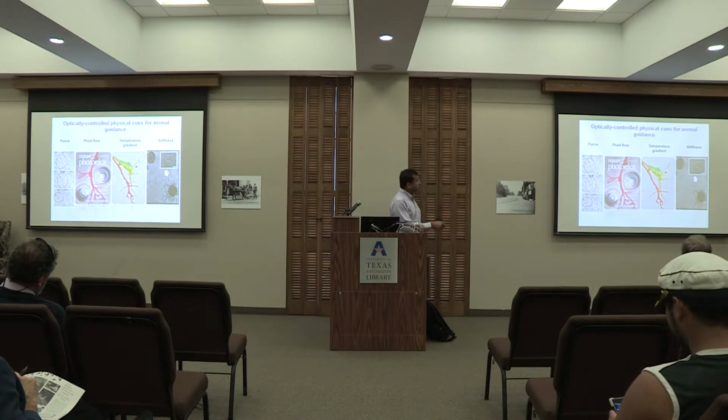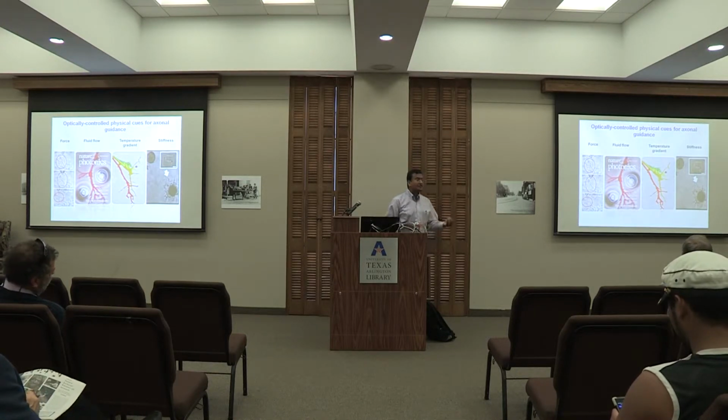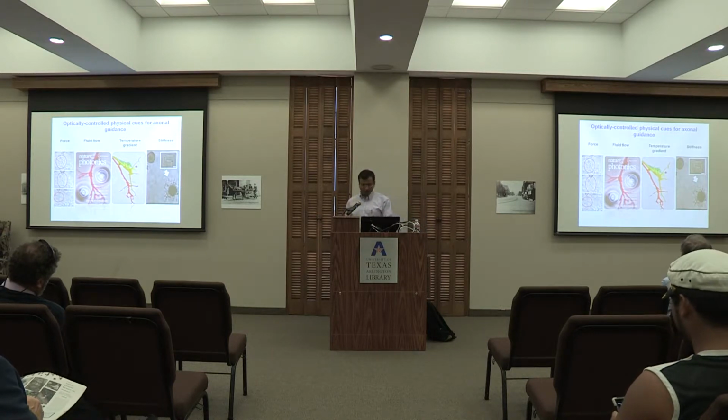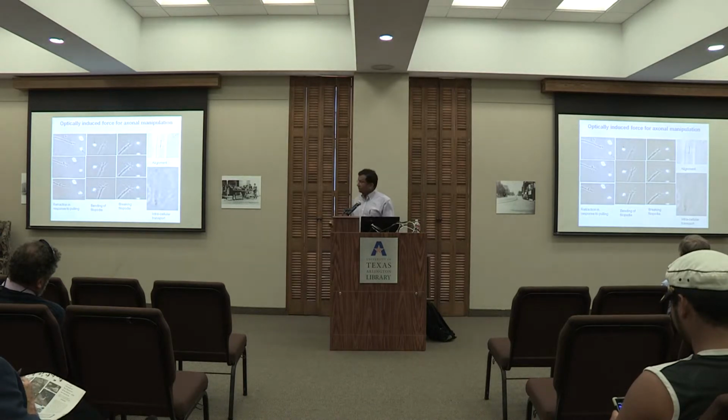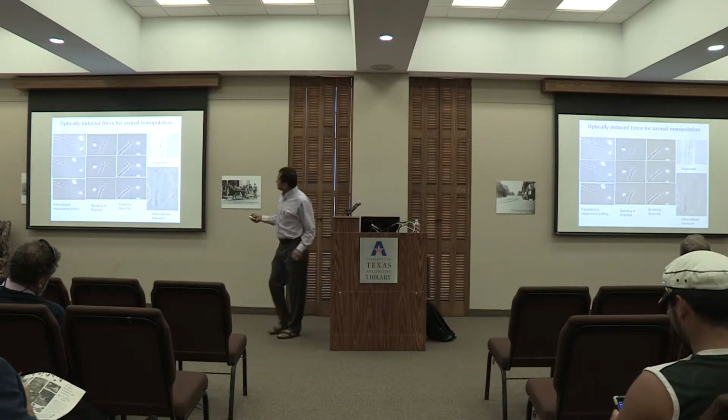And then we saw that neurons are guided by flow. You put light here, like this red spot, you generate temperature, very low temperature. You don't have to have fire there. Or you change the stiffness of the substrate in which cells are growing, and then you can guide them. So these are different cues that we are working on. I will go into this very quickly.